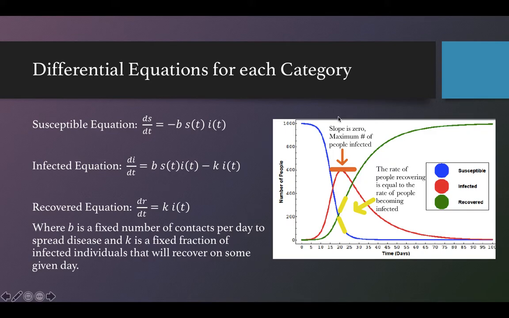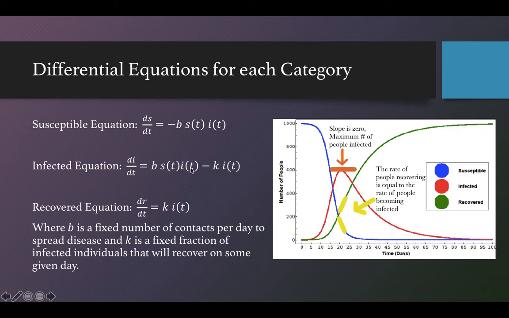Off to the right here, we do have a graph. This is just a general graph from online of a general solution curve for this type of model. What you see here is the slope is 0 at our maximum number of infected people. That's created when our rate of people recovering is equal to the rate of people becoming infected.